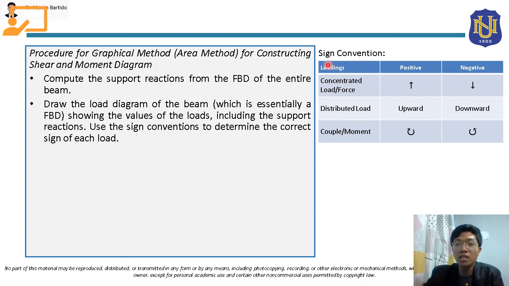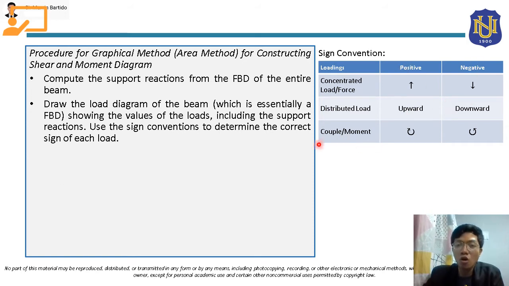For loadings, a concentrated load or force is treated as positive if it is upward, and if it's downward, it will be negative. For a distributed load, it will be the same. If the distributed load is upward, that will be positive, and if it's downward, that will be negative.